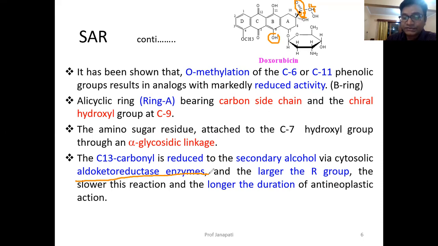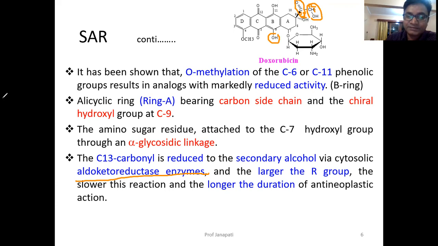So if the group is bigger, if we have kept here CH2OH, if the group is a bigger one, what happens is that you are getting a molecule with long duration of action. Still, there are no drugs in the market, but this is the SAR we need to learn. Maybe in future these drugs will come.